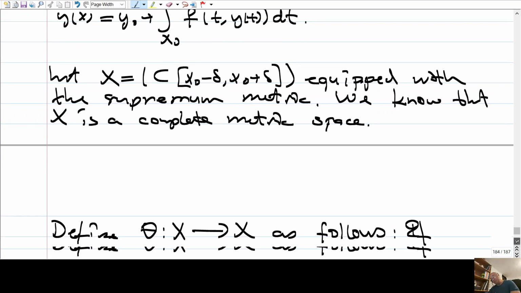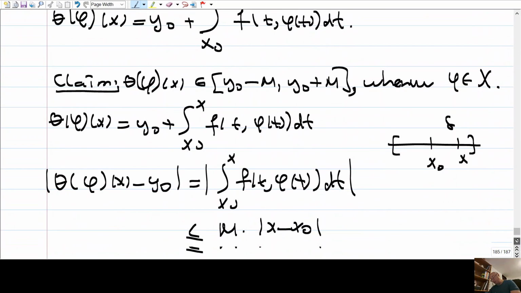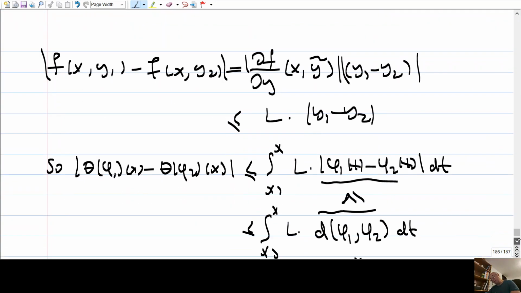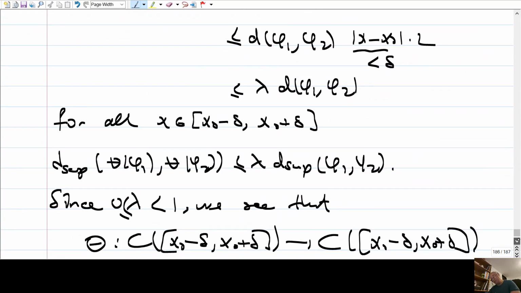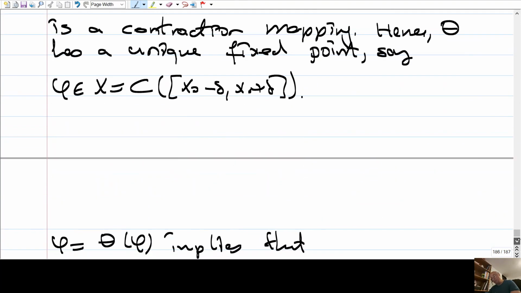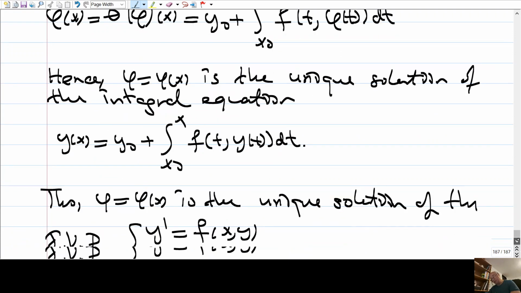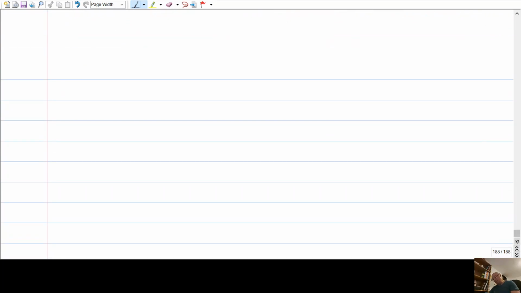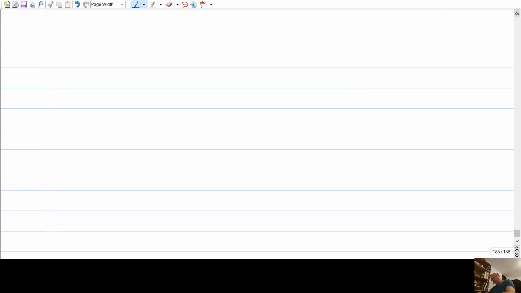So this is a really nice application of analysis to differential equations. The most important theorem of differential equations is proved this way.